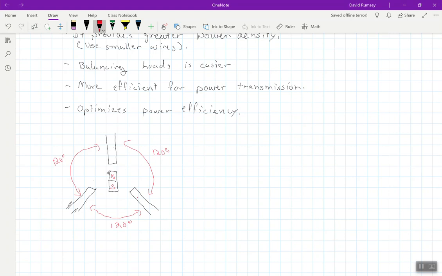Typically these are steam generators, and the coal is used to heat up water to create steam, and then the steam is used to turn the crank and spin this. Nuclear power is the same way. It's using a nuclear reaction to heat that water, as opposed to burning coal.